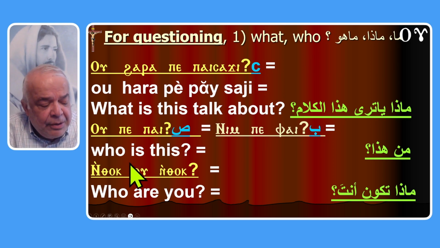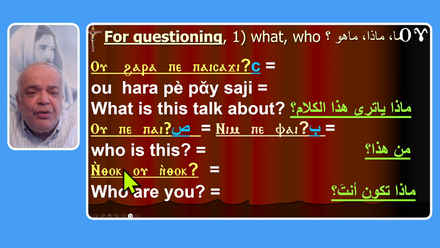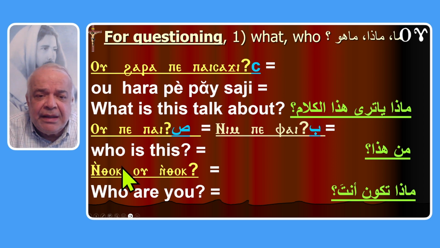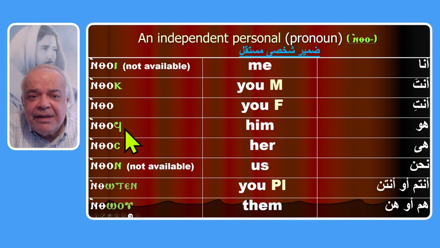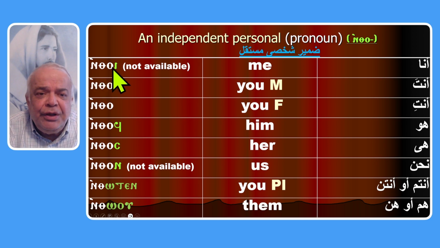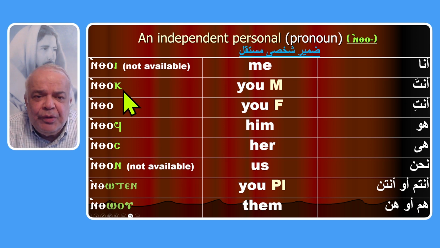So I'll go backward and show you how Enso is connected to personal pronouns. Here, in this slide, Ensoi means connected to me. Ensok, connected to you as a second person, masculine, singular.